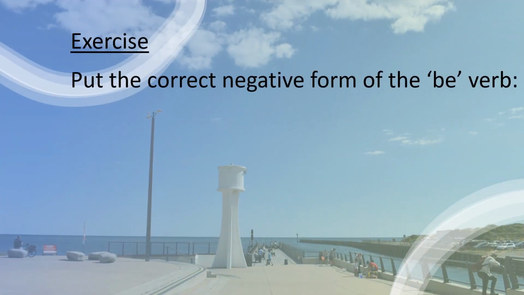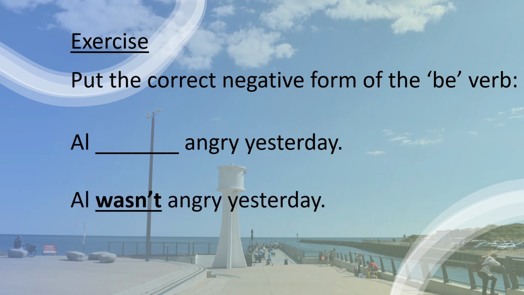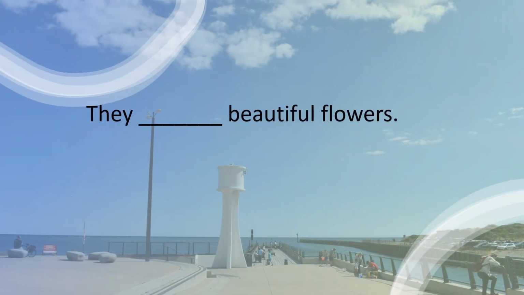Put the correct negative form of the be verb past into the spaces below. Al blank angry yesterday. Al wasn't angry yesterday. They blank beautiful flowers.